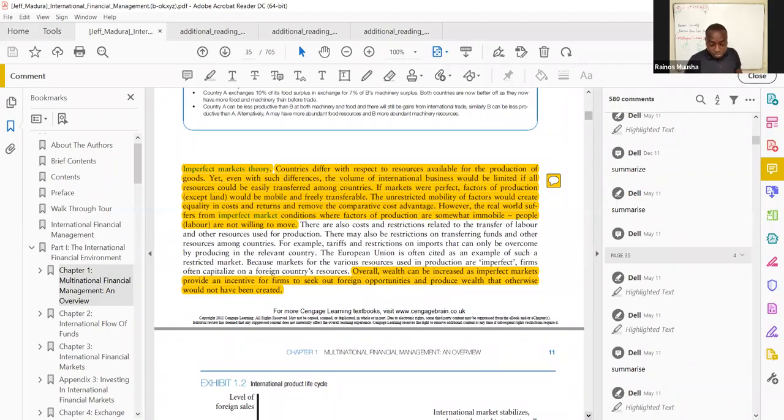For example, if the labor market was perfect, it would mean that if someone had an opportunity to work in Cape Town, they would freely move and go to work in Cape Town without considering everything else, which means it would have been very easy to move that person from Joburg to Cape Town.